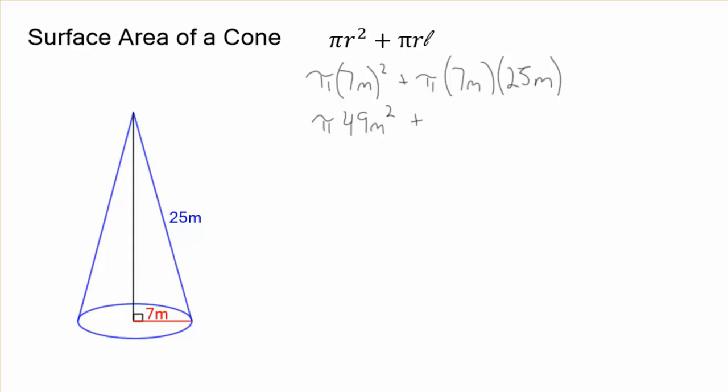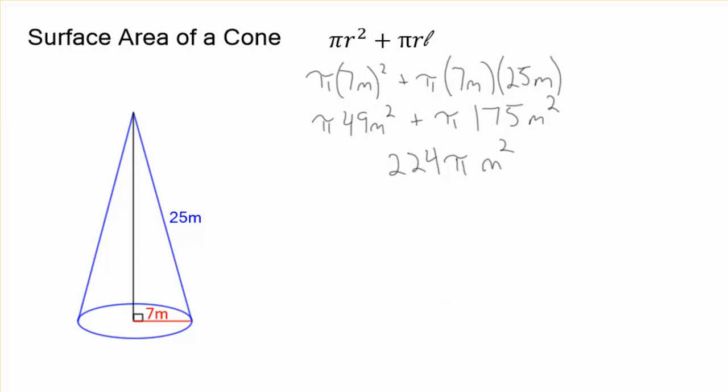M times m is m squared. 7 times 25 is going to be 175, and m times m is m squared. Just keep it like that. So when I add those together, I get 224. Go ahead and bring down pi on the right, don't keep it on the left, and leave our units as m squared, meters squared. It's the number of little squares on the outside of our cone.